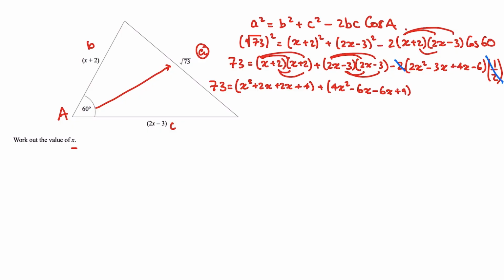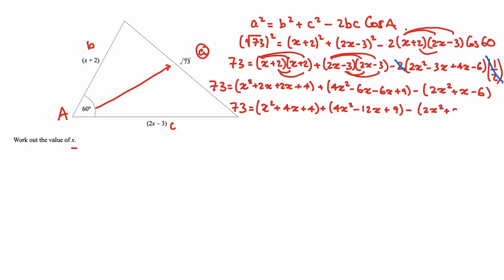That is because minus 3 times minus 3 gives us a positive 9. That will be minus, if you simplify this out, 2x squared plus x minus 6. So now 73 is equivalent to, again, x squared plus 4x plus 4 plus 4x squared minus 12x plus 9 minus 2x squared plus x minus 6.